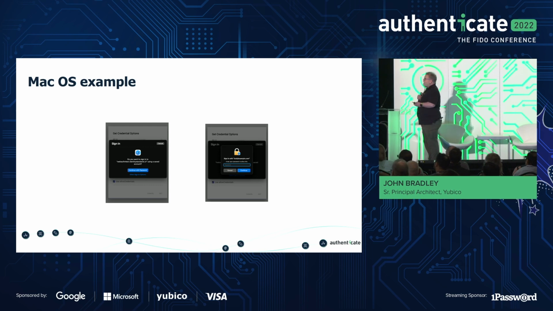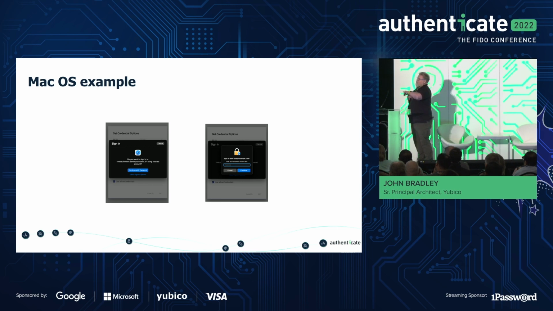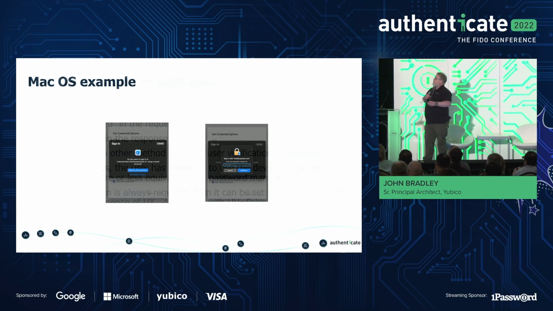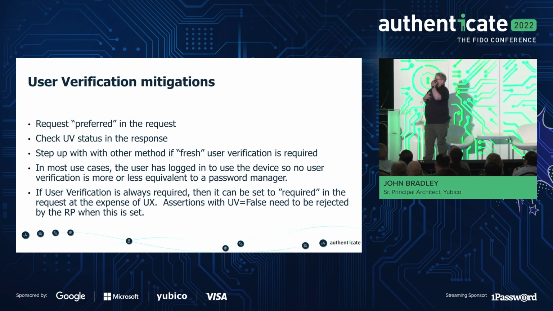So Apple's developer documentation currently says, ask for user verification preferred, so that on Apple devices without it, and other authenticators, say Dashlane, will have similar issues. When the user gets prompted, it'll just skip this, and so the RP will get back a cryptogram without the user verification flag set.